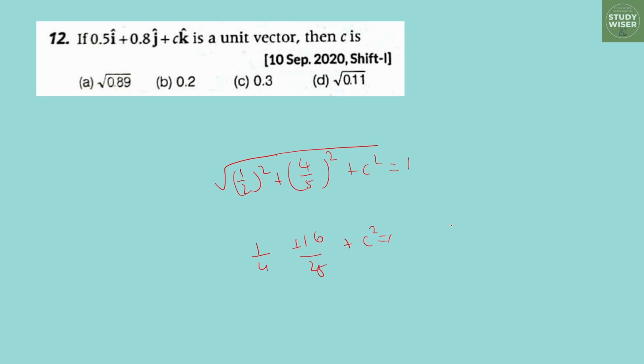C square solve. C square is equal to 11/100. C is equal to root 0.11. Option D is the correct answer.